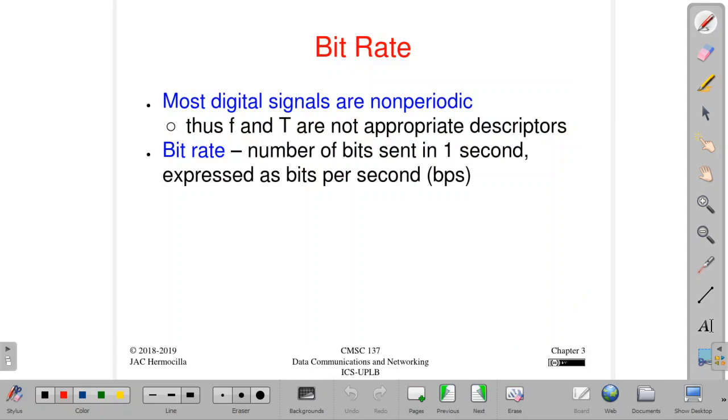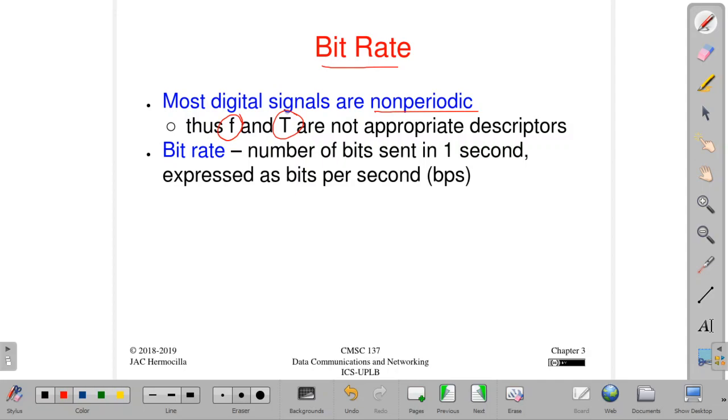So unlike in the analog signal, where we use frequency, amplitude, and period to describe the signal, in digital signals we use the bit rate, because most digital signals are non-periodic, so the frequency and the period are not appropriate descriptors.